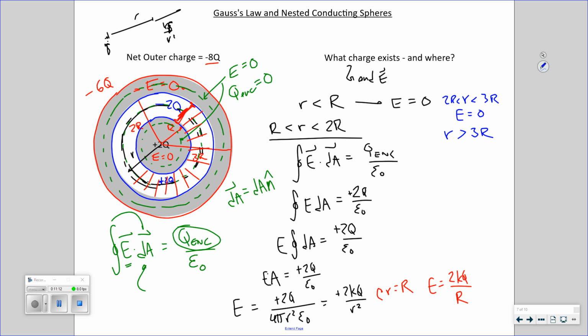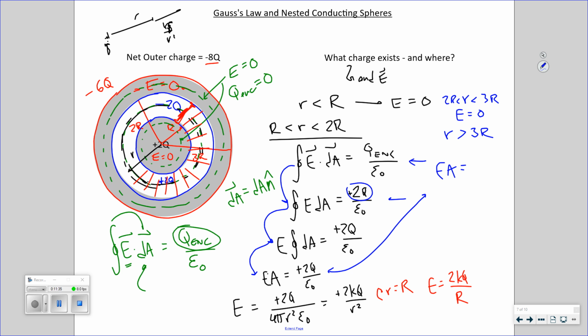Well, we're going to use Gauss's law. We don't have to be as judicious again about why this is equivalent to that. But what we can say now is E times A is Q enclosed.